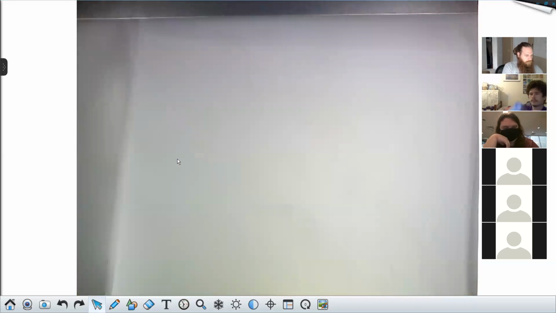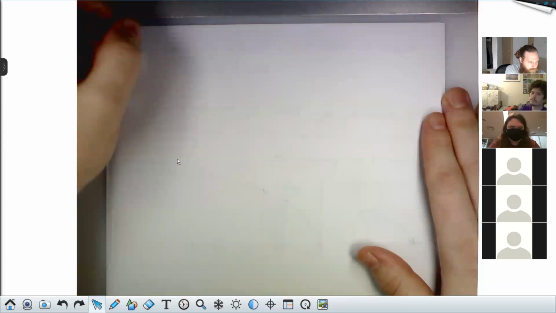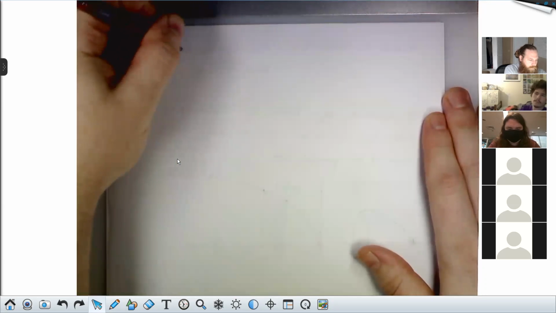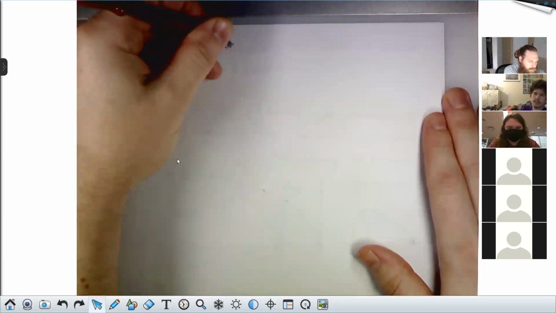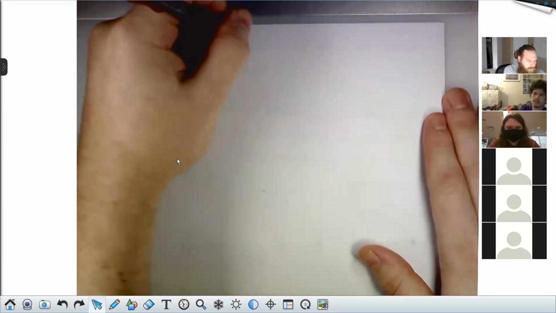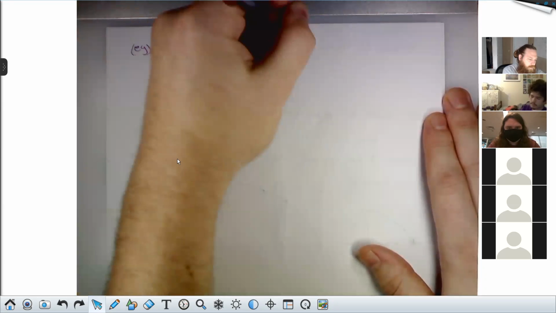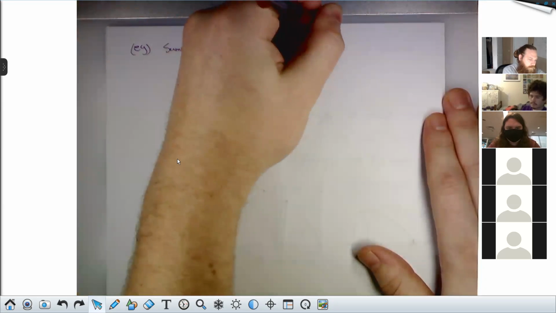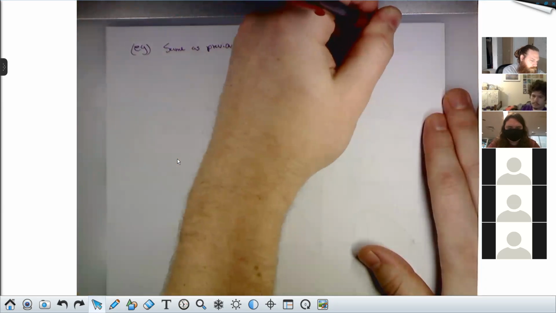So, same as previous, but rotated about the line y equals -1.